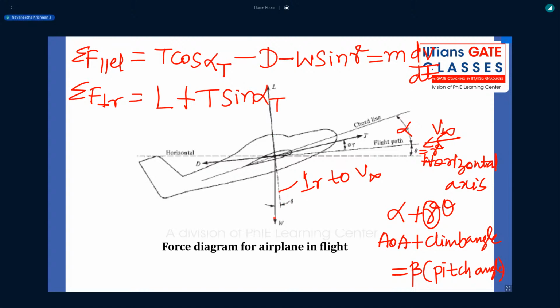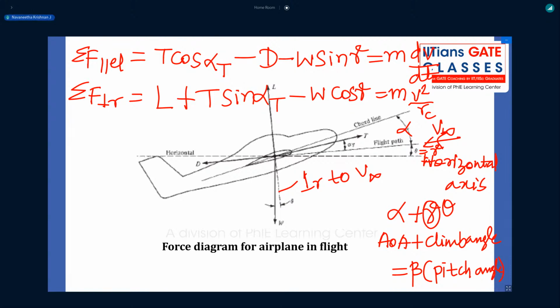Then weight is W cos gamma, but it is opposite to the direction of lift, so it is minus W cos gamma. Perpendicular, there is a centripetal acceleration, so mass into centripetal acceleration, m v squared by rc, where rc is the radius of curvature.